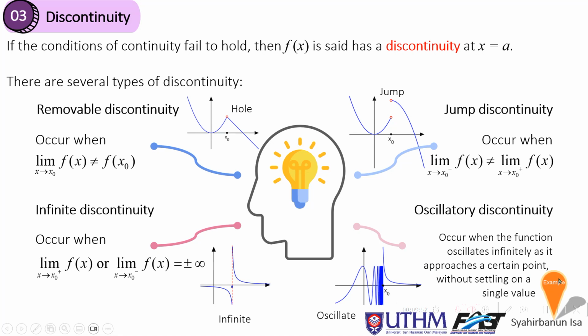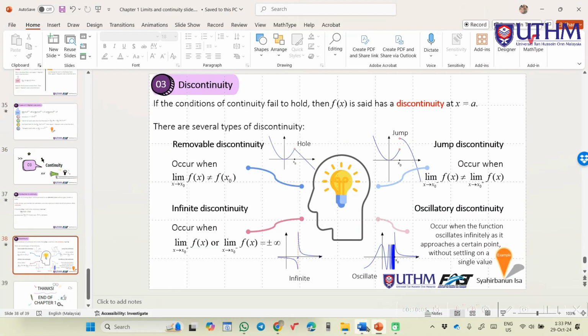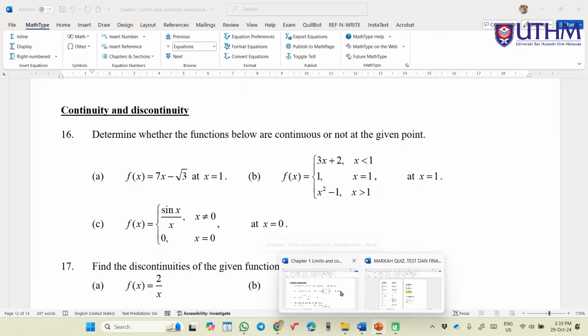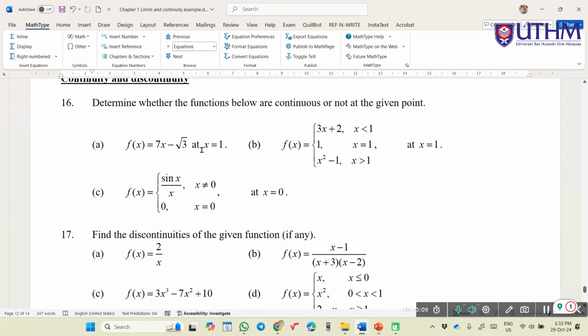Okay, now we look at examples of continuity and discontinuity. We need to determine whether the functions below are continuous or not at the given point.